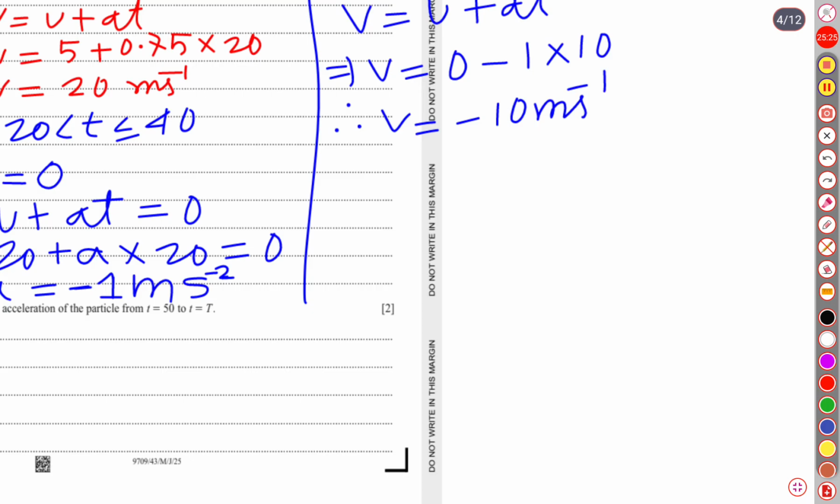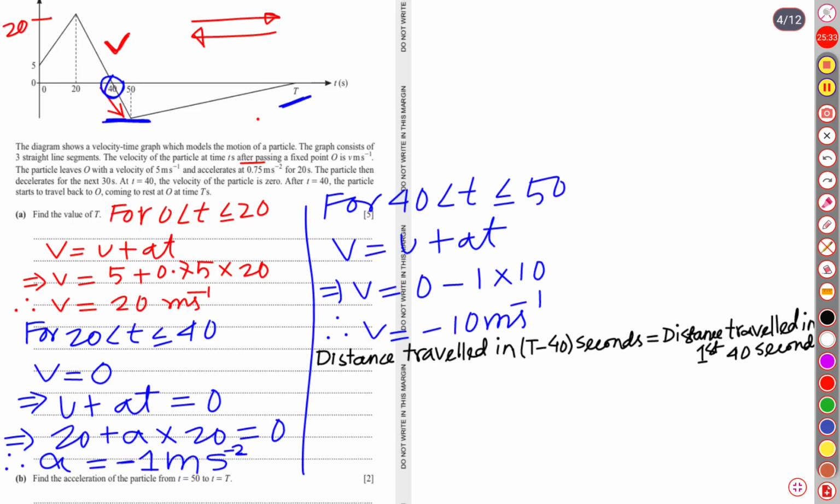Distance traveled. So what is the distance traveled in T minus 40 seconds? T minus 40 seconds, it is a triangle. Look at this, the triangle lying below the x-axis. So area of triangle is, we know the distance means the area of the traveled distance.